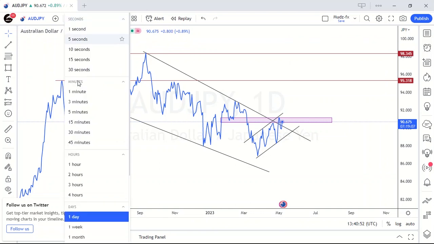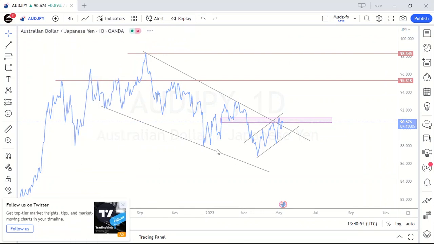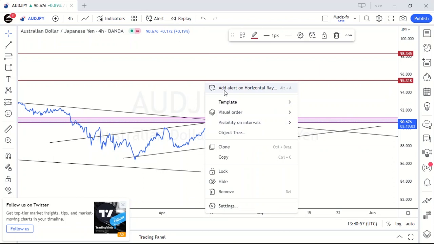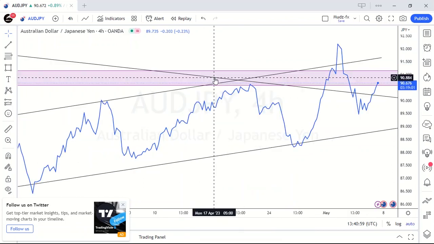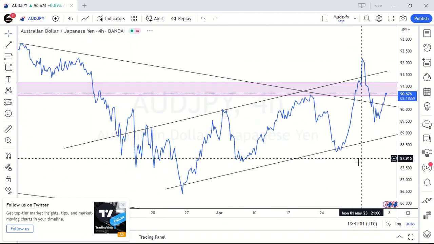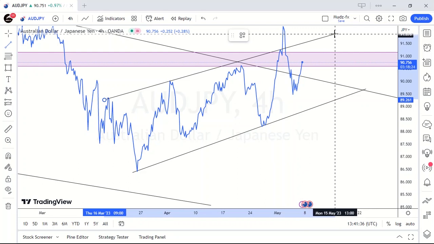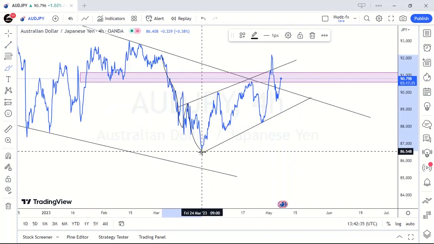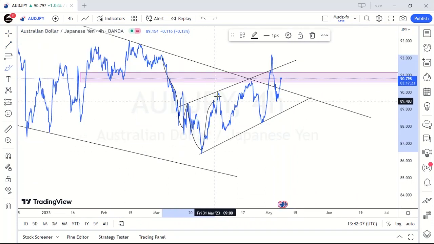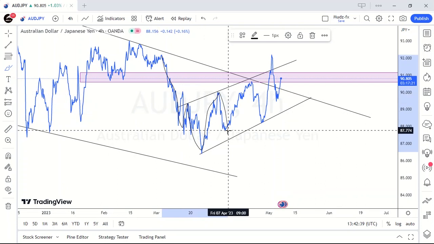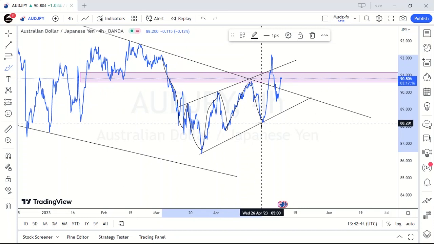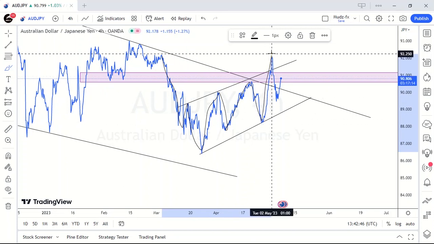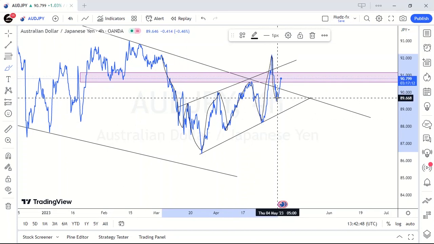So I'm just gonna go to the 4-hour time frame and have another look at it. Maybe I might find something different. Now we can see clearly what the market did. As the market was making upswings inside the pattern, it broke out of the trend line that covers the higher highs.